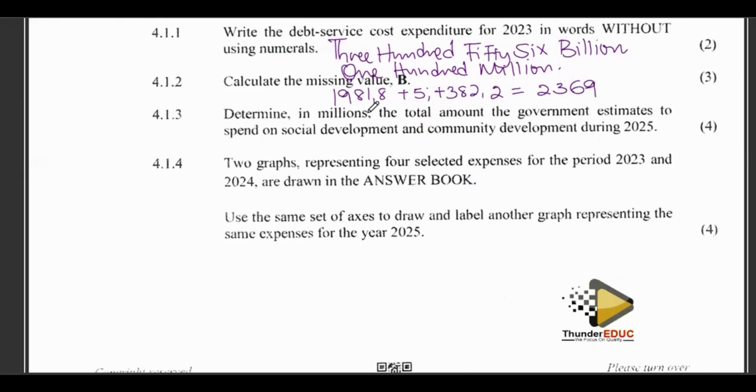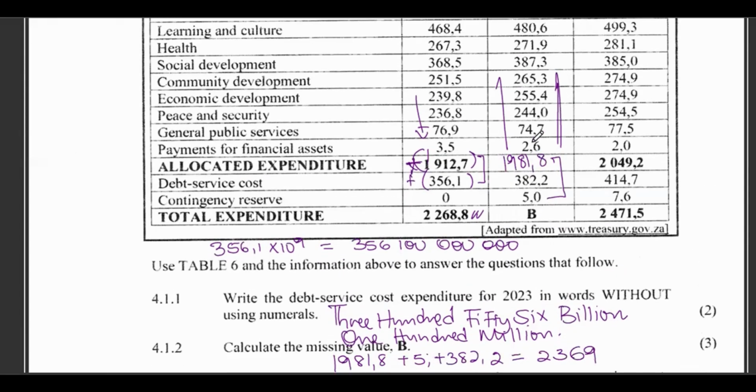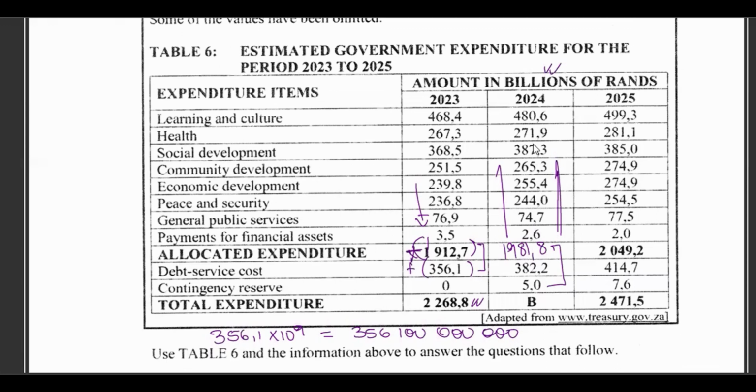Determine in millions the total amount the government estimates to spend on social development and community development during 2025. Let's go there and we see. So they want us to look at this and that, but in which year? 2025. We have that plus this.